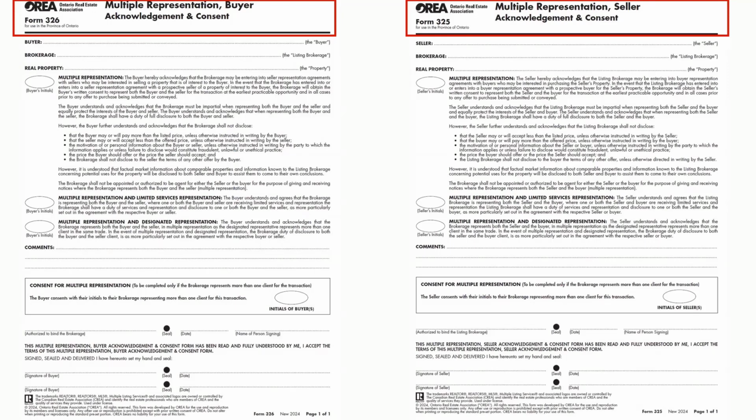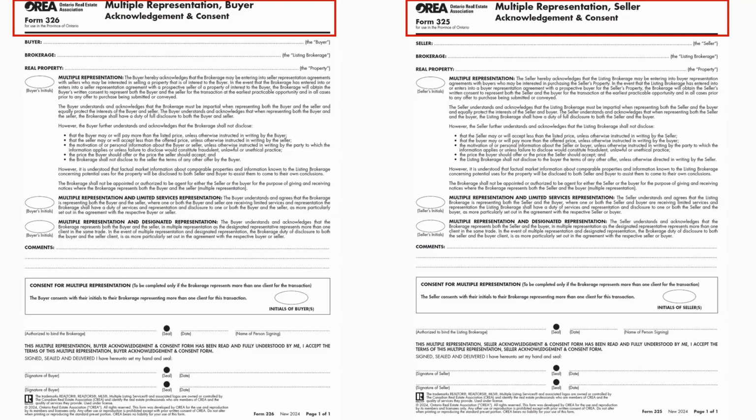Whichever scenario makes sense for your buyers, you'll initial there. Again, multiple representation and limited services. If it is a for sale by owner, and I've got a buyer that is interested in that for sale by owner property, and I maybe got a limited service listing agreement with that for sale by owner, that will be the initial that I'll put there.